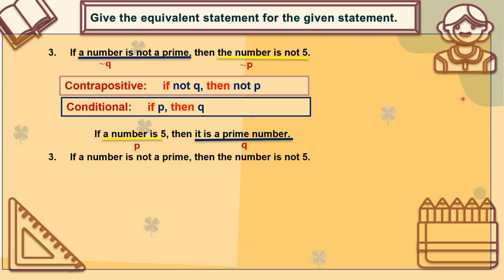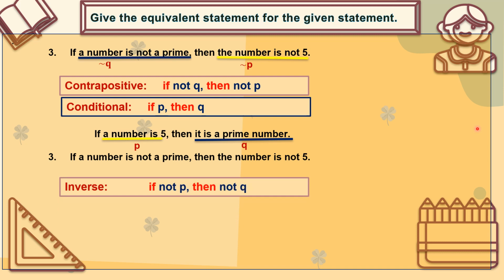So, next. Paano naman po kung yung statement na to ay gagawin naman nating inverse? Okay, kapag inverse ay if not P, then not Q. Okay, same statement, pero gagawin lang natin tong inverse.